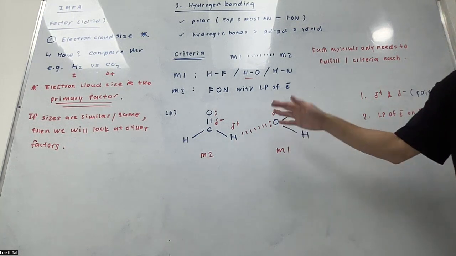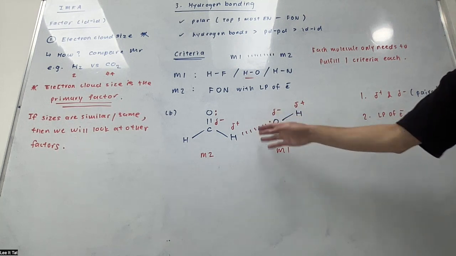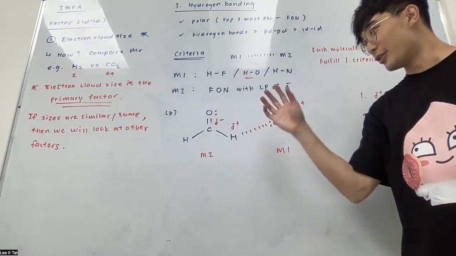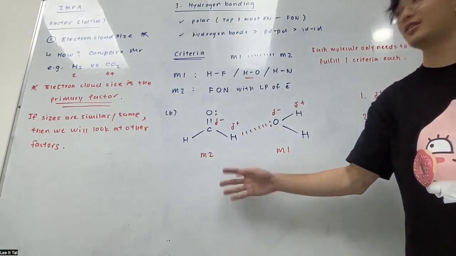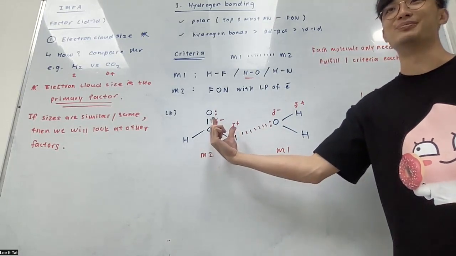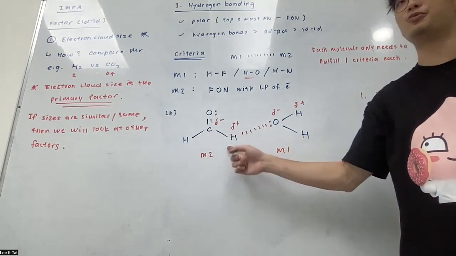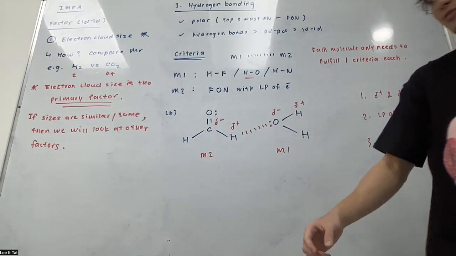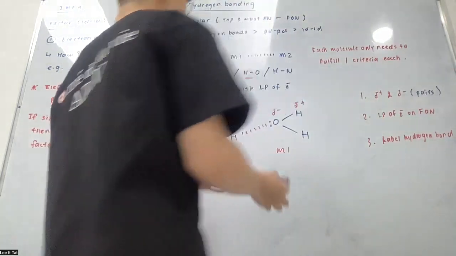It's not labeled, I just forgot to label because it's already wrong anyway. It's already wrong in terms of your criteria. Look at this bond here. Does it have partial charges in the first place? No, right? We mentioned the CH bond is non-polar. You can't even have partial charges. It's really wrong.